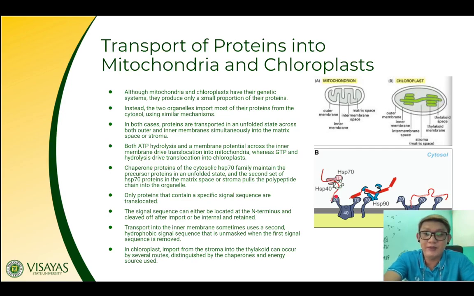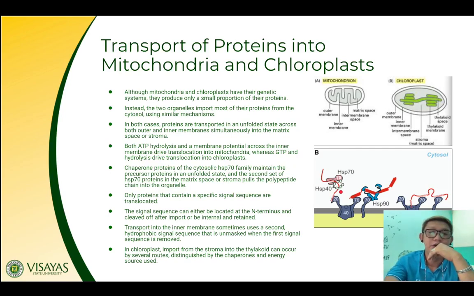HSP70 will bind to the linear structure of the newly synthesized protein so that it will not fold itself, because we know that the folding of the protein into secondary structures is dictated by the functional groups attached to the alpha carbon.